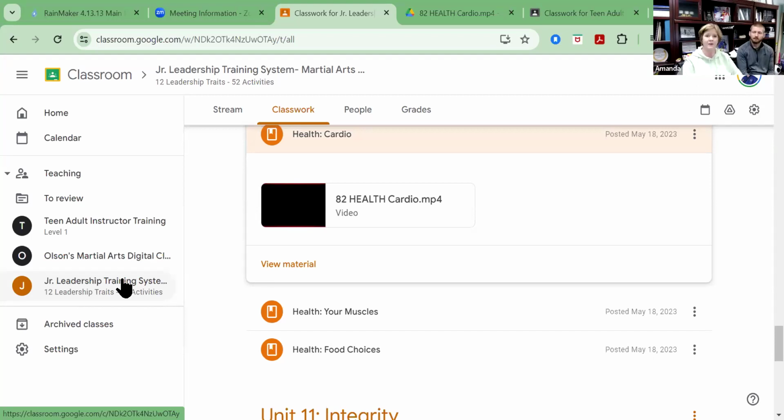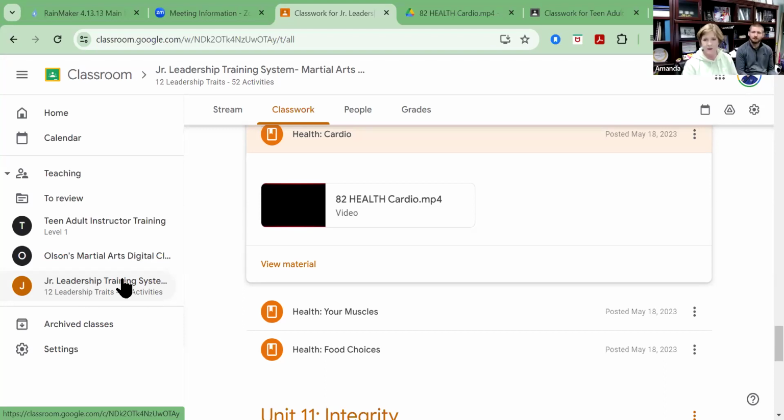Everybody comes together. They watch the leadership lesson, and then you might say, okay, we talked about health and cardio. What muscle is your cardio muscle? And they should know it's the heart. And then they do the activity that they just watched the kids do.